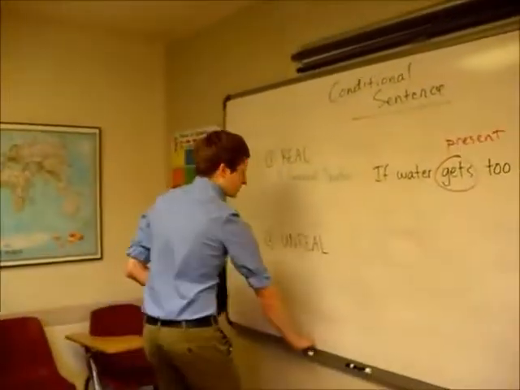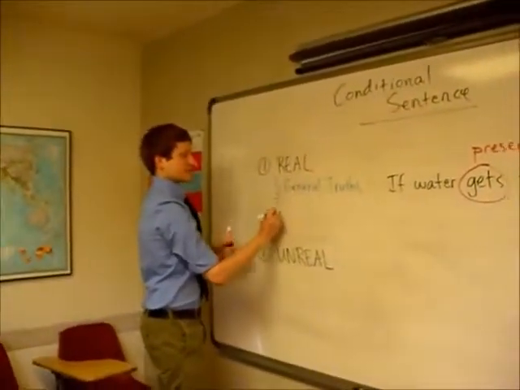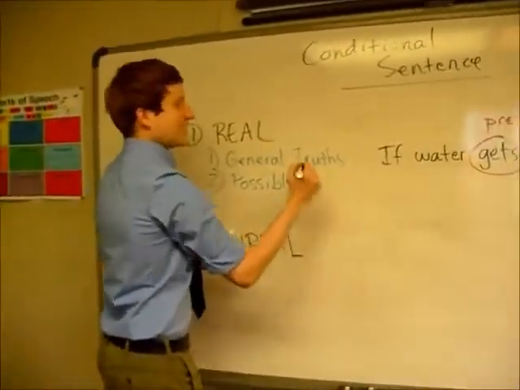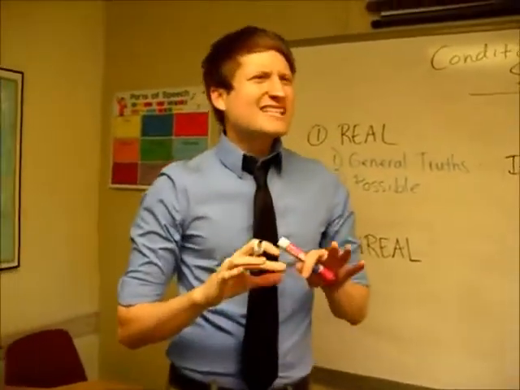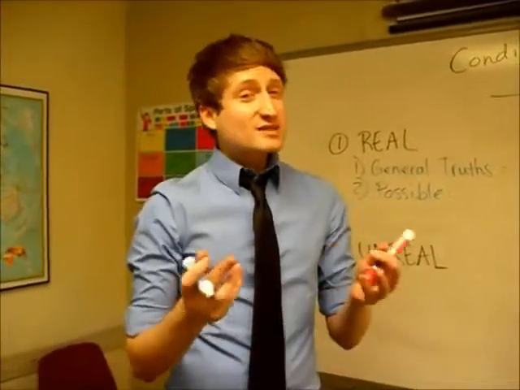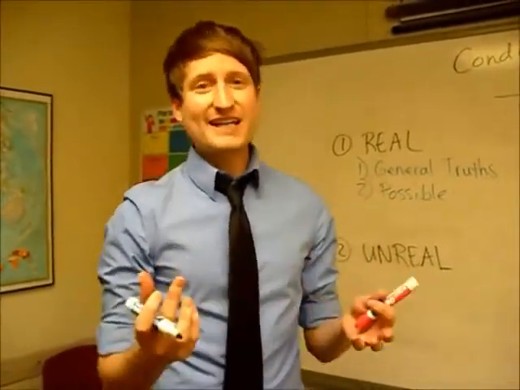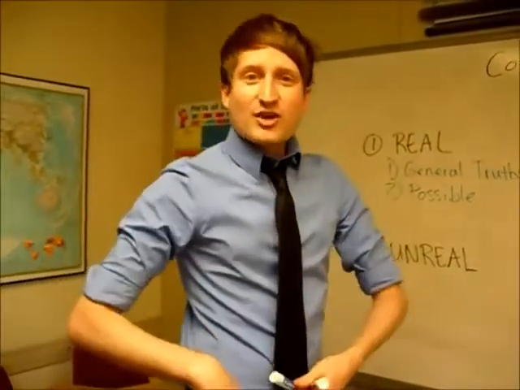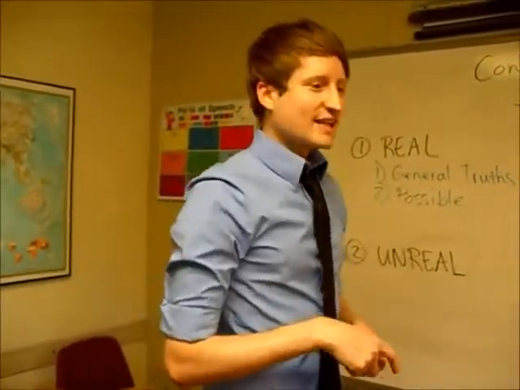There's another situation which is possible, right? Real and possible. In this situation, it's maybe not always true, but it's possible. It could happen. It might happen. I'll give you an example. Like right now, it's a very sunny day.